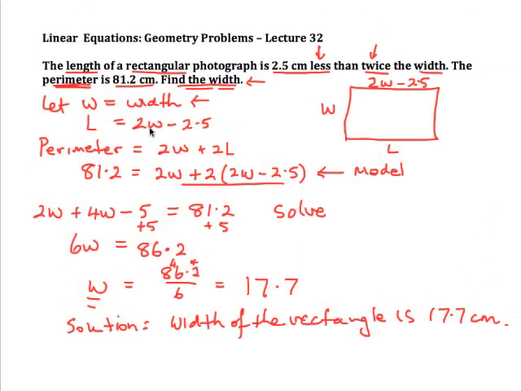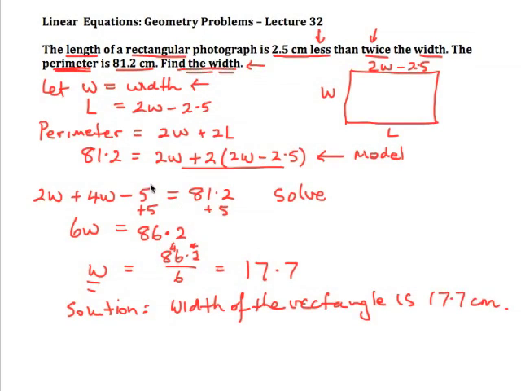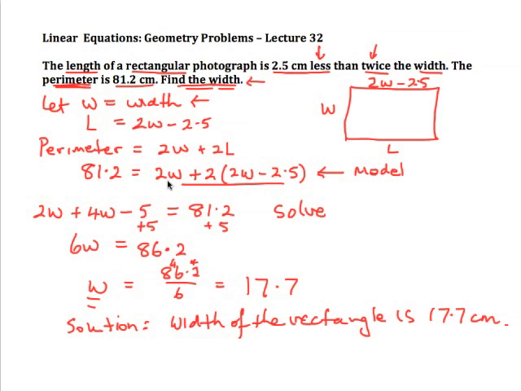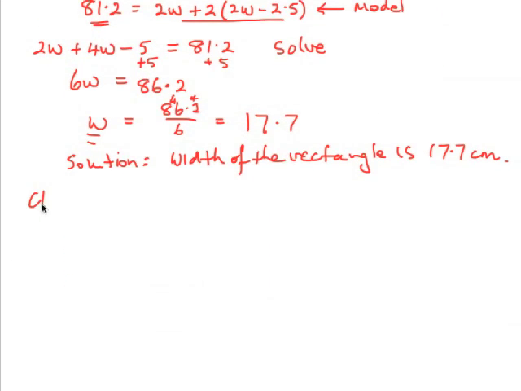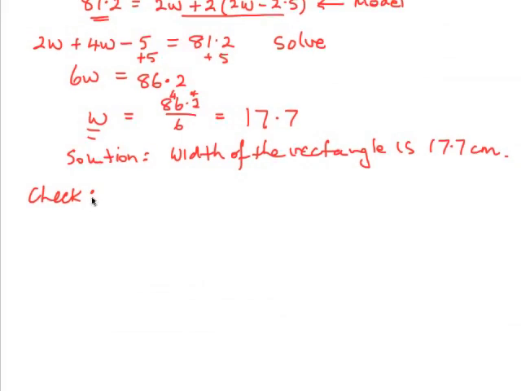Well, if I put the length in here and subtract the 2.5, then I should find the length, and then of course I could do twice the width plus twice the length and see if I actually come out with 81.2. So you should always check.